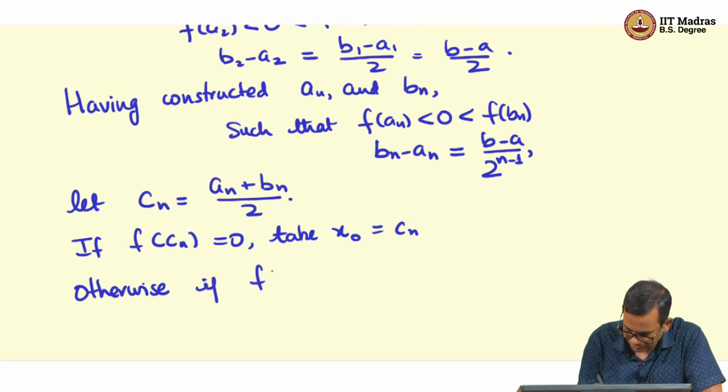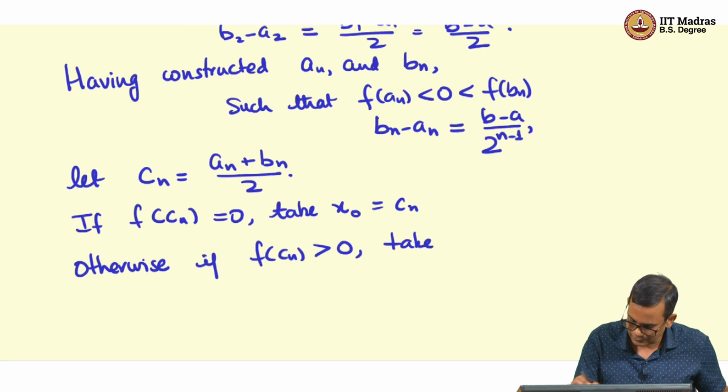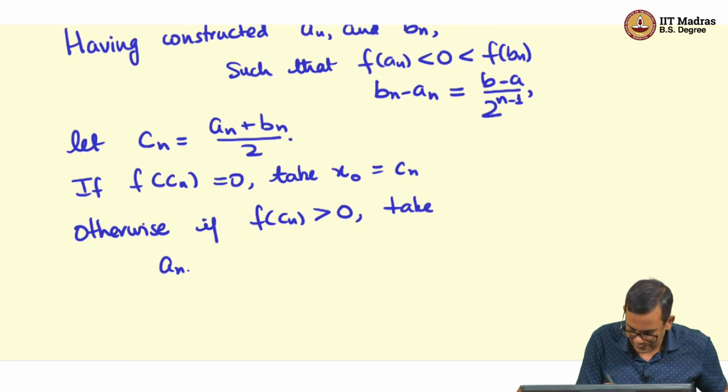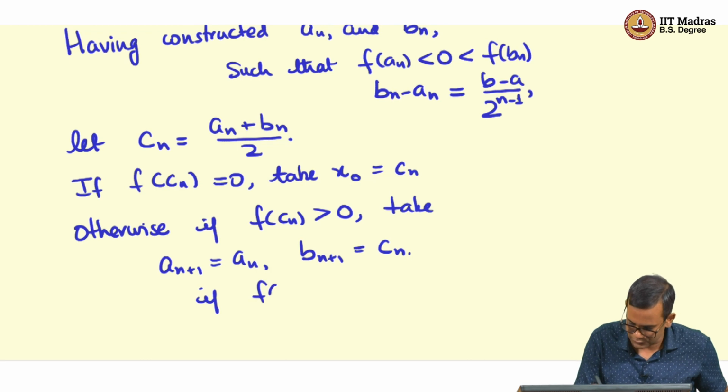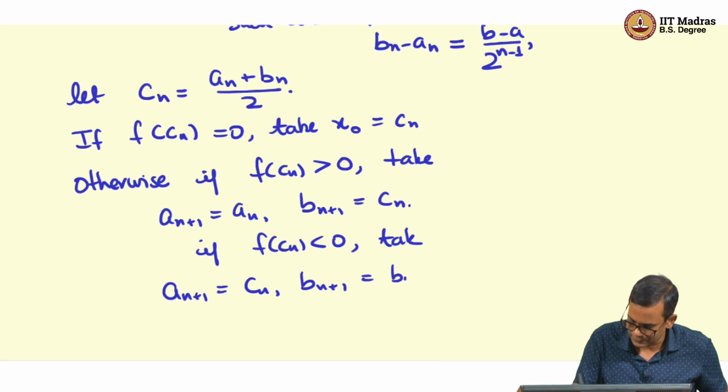if f of C n is positive, then you take A n plus 1 to be A n, B n plus 1 to be C n. If f of C n is negative, take A n plus 1 to be C n, B n plus 1 to be B n.